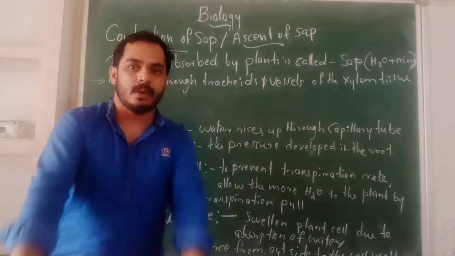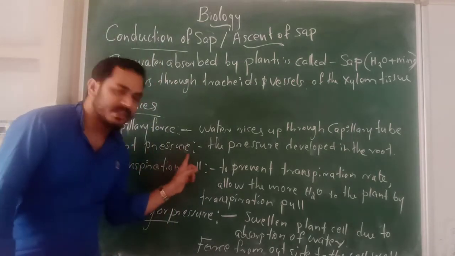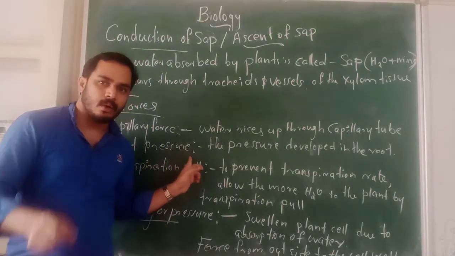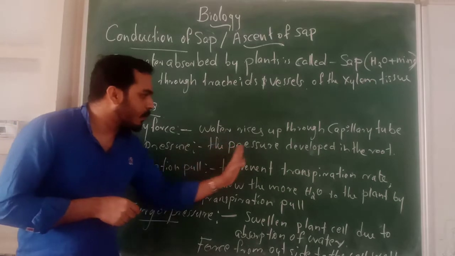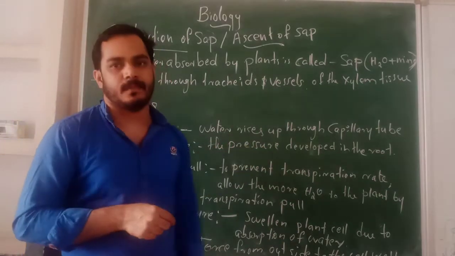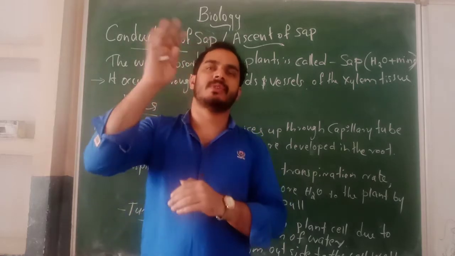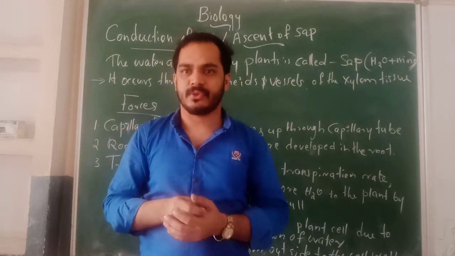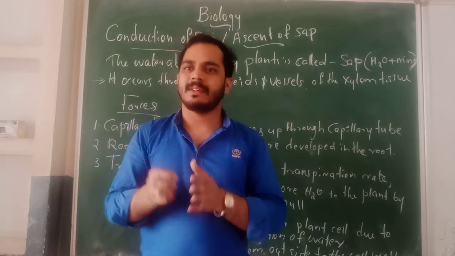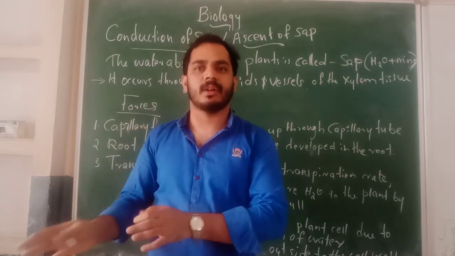Okay, second one, root pressure. The pressure developed in the root. The shoot system always has a very low concentration of water, and the water is available only in the ground.